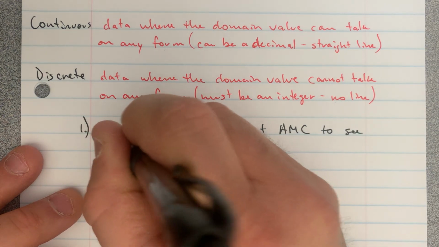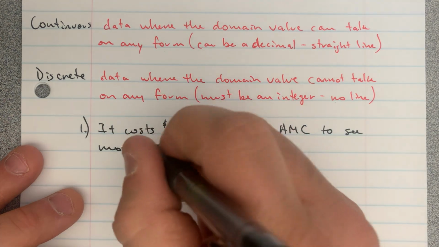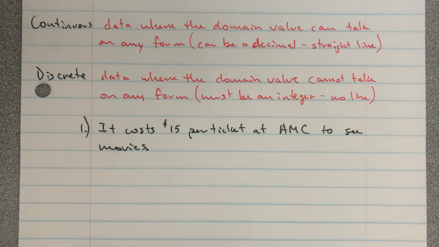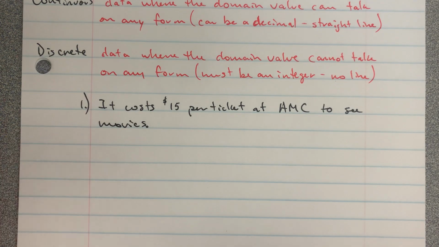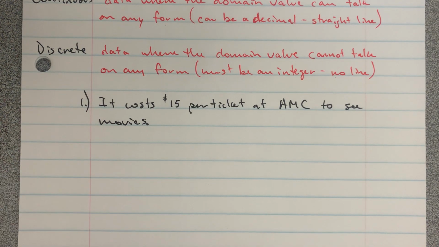Let's think about it in the past, I guess. I don't know if AMC is open right now. Maybe it is, I don't know. Let's say it costs $15 a ticket to see movies there. All right, so we're going to represent this information with a table and graph.